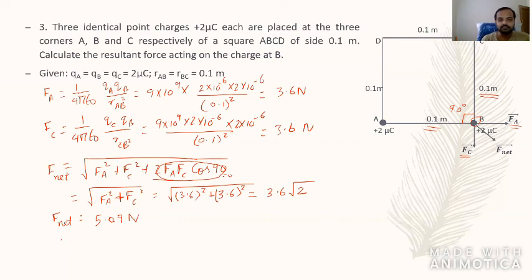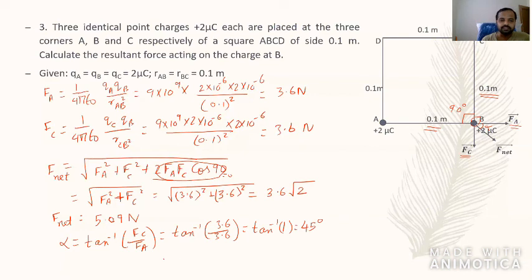So to find the angle, we can simply say that the angle is alpha between AB and the net force, that is with regards to the force Fa bar, the angle is alpha. In such a case, alpha equals to tan inverse of Fc divided by Fa. So this will be equal to tan inverse of 3.6 divided by 3.6, which is equal to tan inverse of 1. So tan inverse of 1 is nothing but 45 degree.